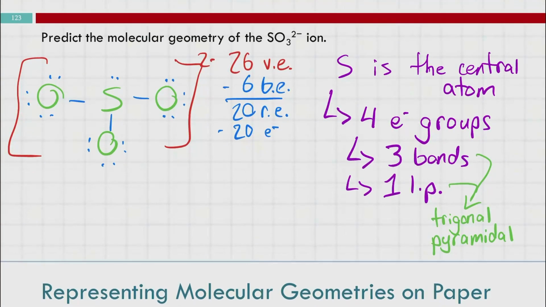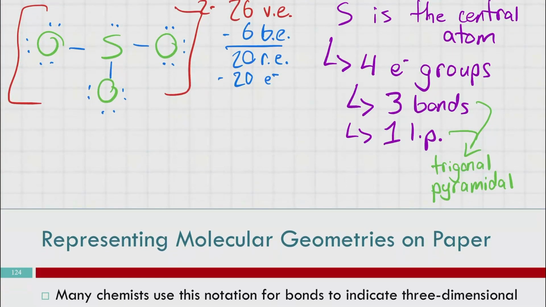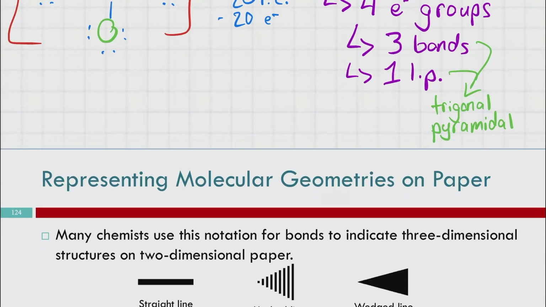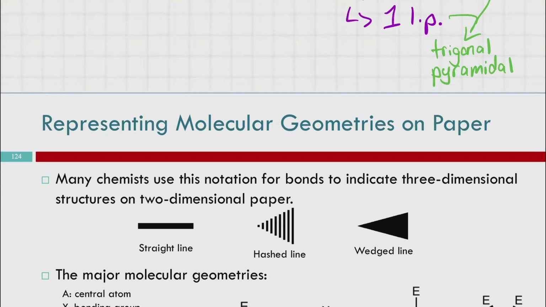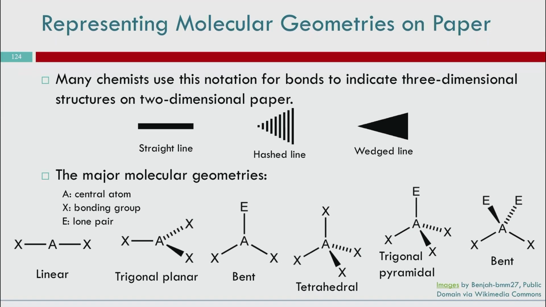There's also, for drawing things on paper, a special way of how chemists draw things. So chemists will typically use these notations for bonds to indicate 3-dimensional structures on 2-dimensional paper. If you happen to have 3-dimensional paper, congratulations.